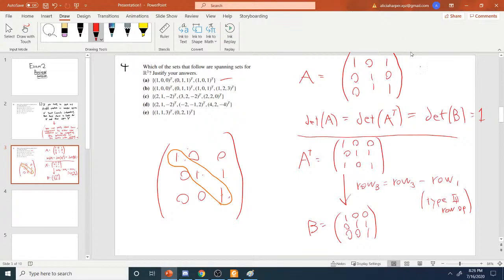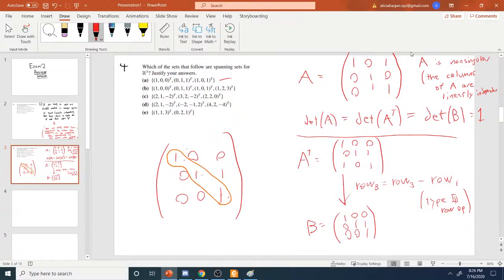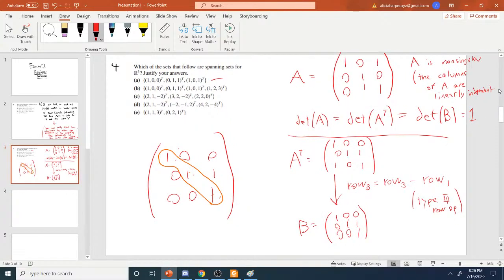This means that A is non-singular, and consequently, the columns of A are linearly independent. So this shows that these three vectors form a basis for R3, which in particular also means they span R3.